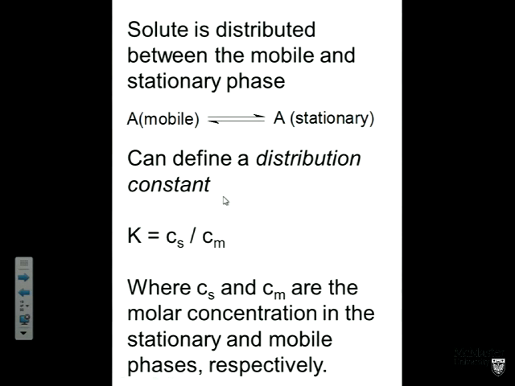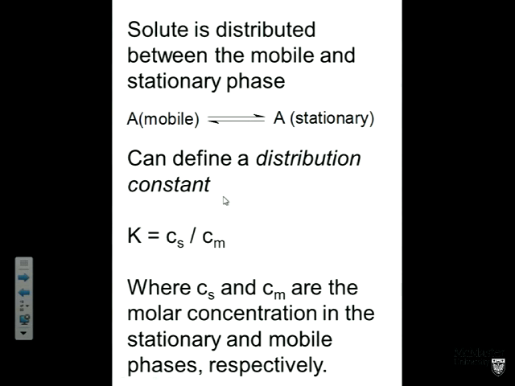So a solute is distributed between the mobile and stationary phases. We can write an equilibrium there, and we can define what's called a distribution constant, another equilibrium constant, K, which is the concentration in the stationary phase divided by the concentration of compound in the mobile phase.